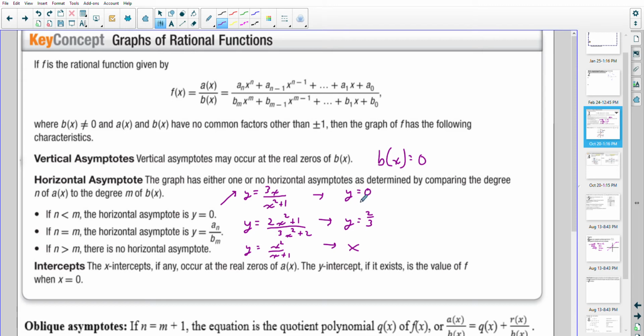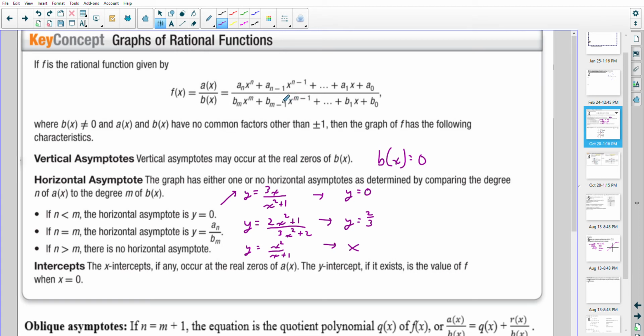Then you can go to horizontal asymptotes. Horizontal asymptotes have three cases, and you're looking at the exponent on the top and the exponent on the bottom. Where the exponent on the top is less than the exponent on the bottom, that means that the top is going to grow less than the bottom.